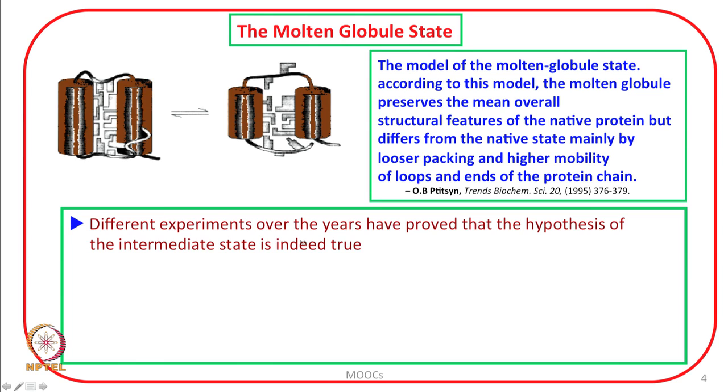Different experiments over the years have proved that the hypothesis of an intermediate state is indeed true. Several groups have been working from different angles in understanding the protein folding pathways and hence the protein folding intermediates. A lot of spectroscopic techniques have been applied to get qualitative information on the protein folding intermediates. However, along with the qualitative information, getting quantitative information becomes very, very important.